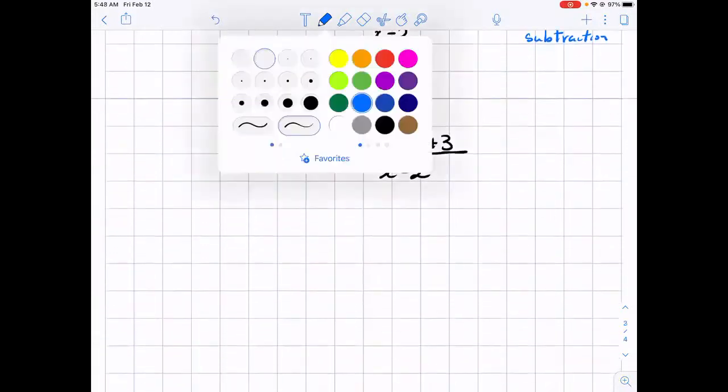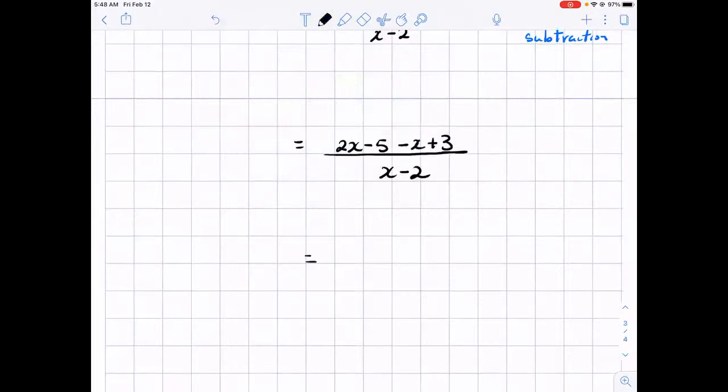Now, combine like terms. Remember, the denominator does not change. So if we combine 2x minus x, that will leave you with x. And then we have minus 5 plus 3. That will leave you with negative 2.